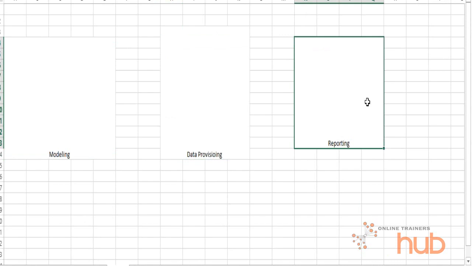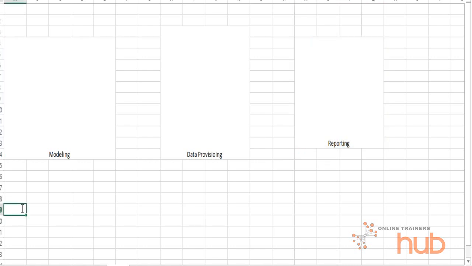The databases in an IT environment can be classified into two types. One is the transaction database, what we call the operations database, and the second type is the reporting database.